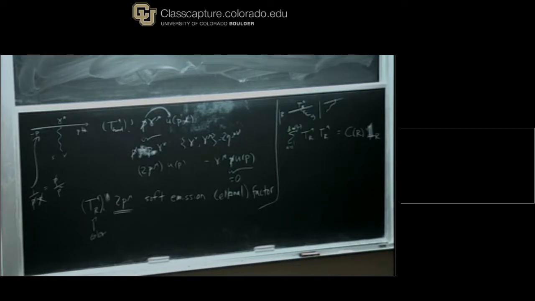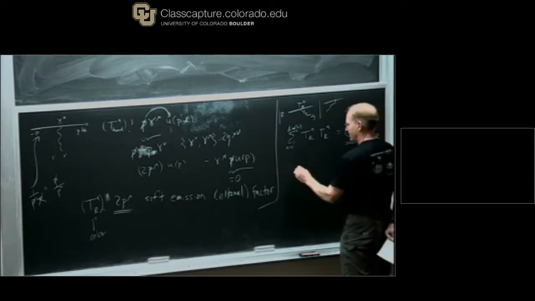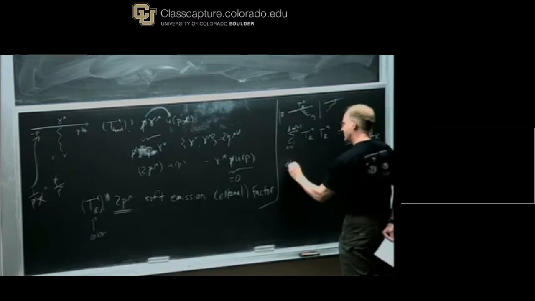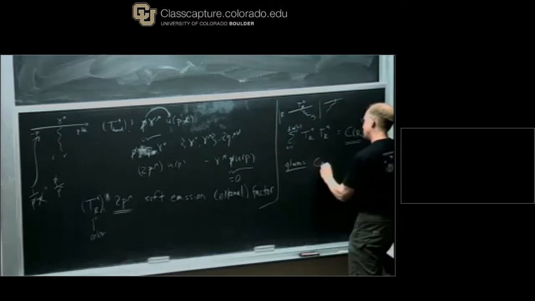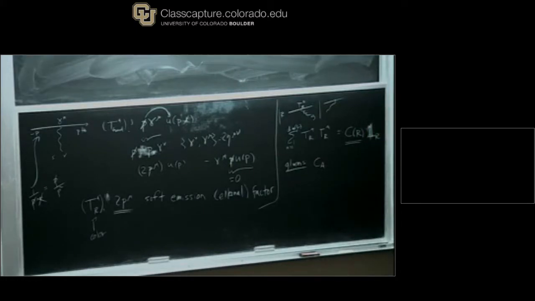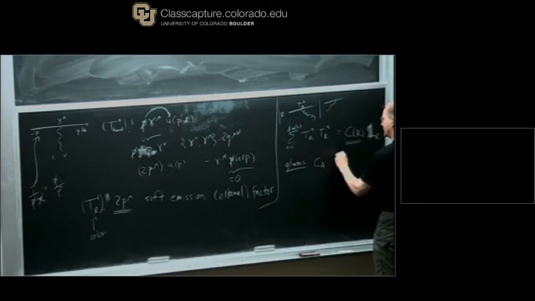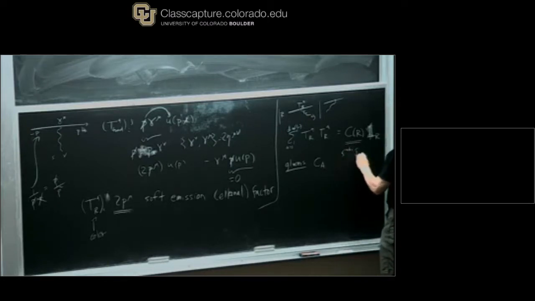Good. So then you just need to calculate these color factors. In the case of gluons, we need what's called CA, and it's basically computed by putting together f^ABC with f^BCD, which is CA delta AD.